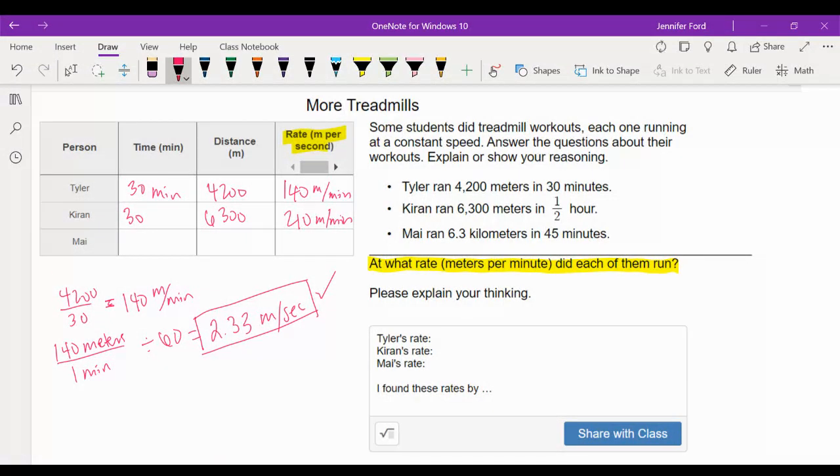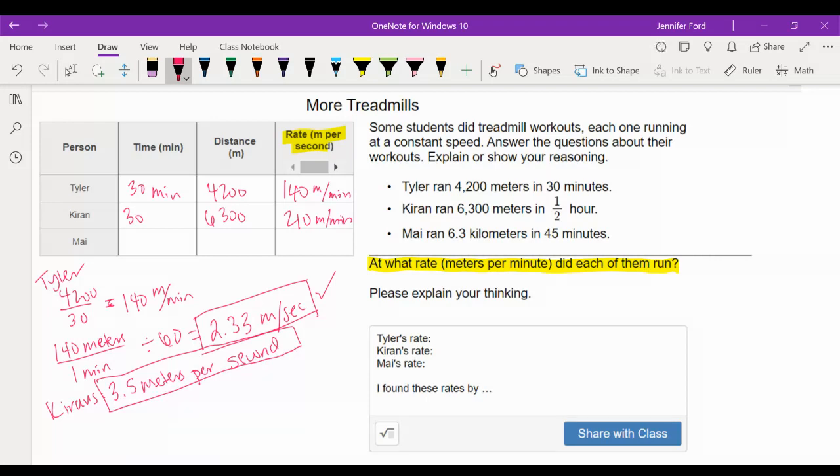So this was Tyler. Kieran's rate in meters per second would be 3.5 meters per second. So if you got 3.5 meters per second for Kieran, that is also correct.